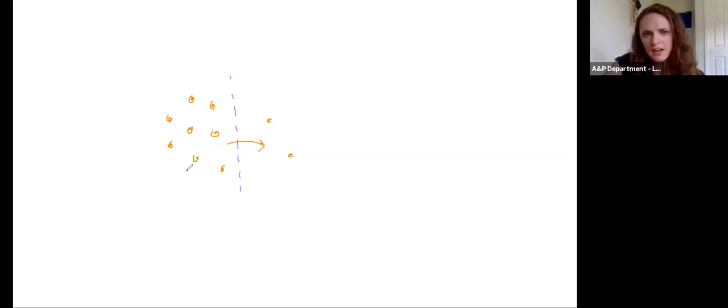Just like you wanted to get out of that hot, sweaty room to the room that only had 2 people, molecules want to do the same thing. They want to move until they get to be an equal number in each room. So 1, 2, 3, 4, 5, 6, 7. So in this case, there would be 5 on each side. And then the movement would stop because you're happy having the same number on both sides.